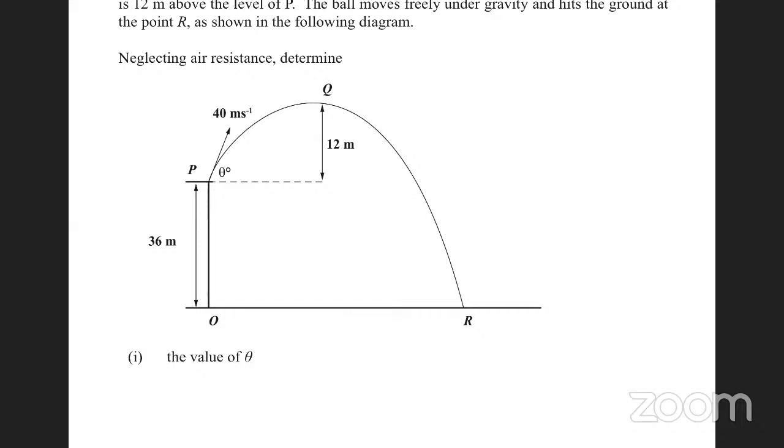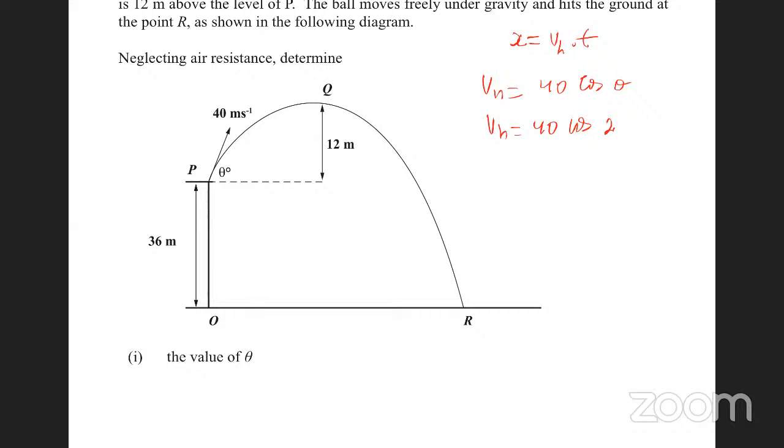Right, so the only equation is displacement is horizontal velocity by time. It's easy for us to get the horizontal velocity, as that will be 40 cos theta, right? Which was 40 cos 20.